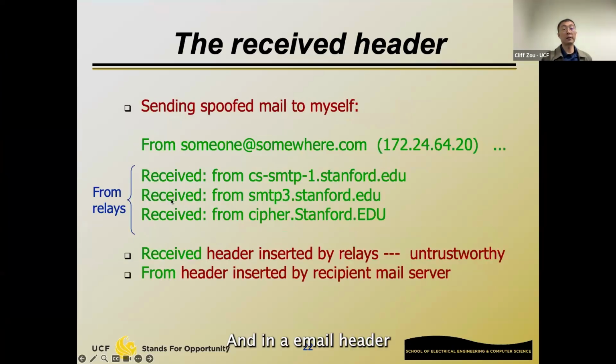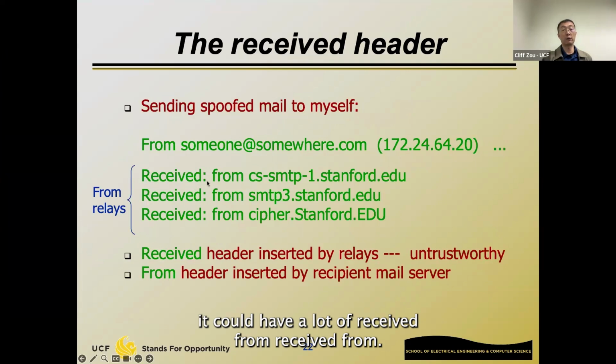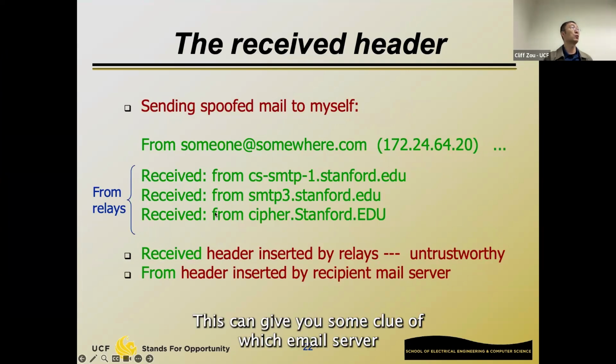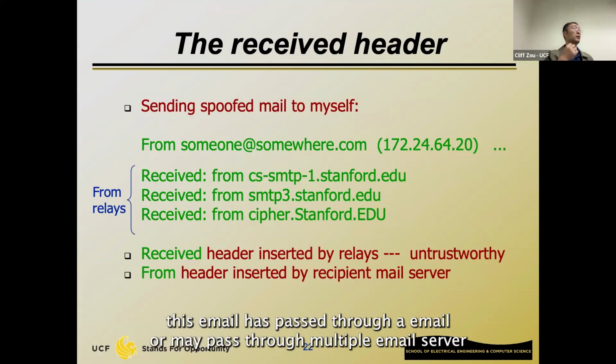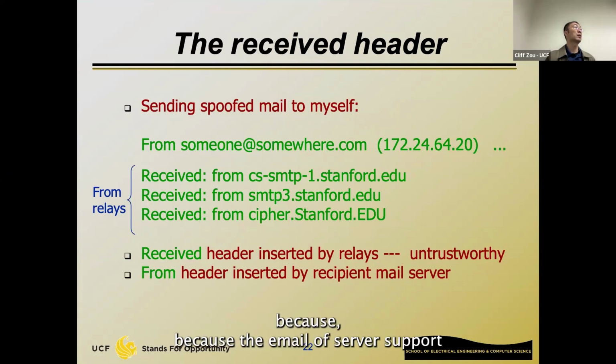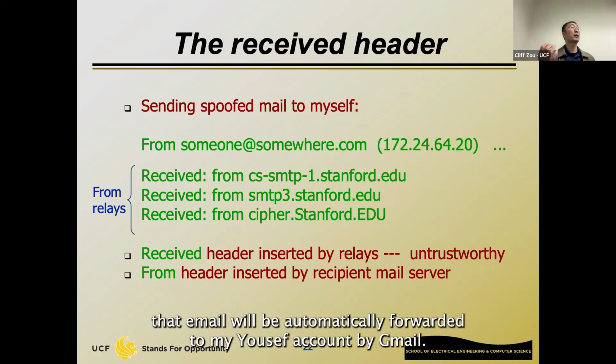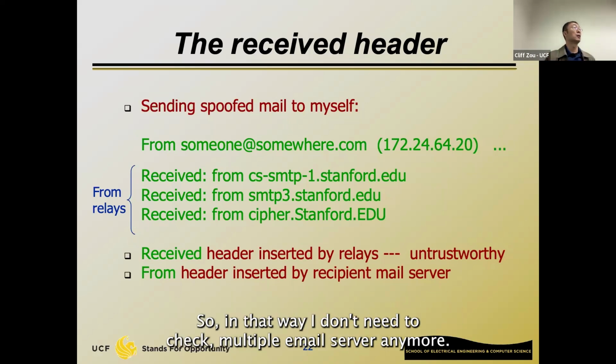And in an email header, there could be a lot of received from lines. This can give you some clue of which email servers this email has passed through. An email may pass through multiple email servers because email servers support forwarding service. Like if you send an email to my Gmail account, that email will be automatically forwarded to my UCF account by the Gmail server.